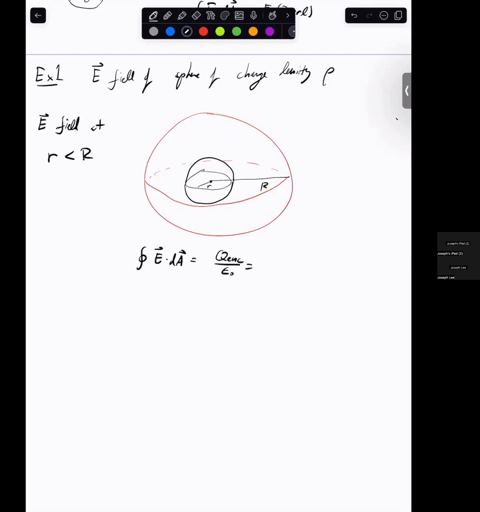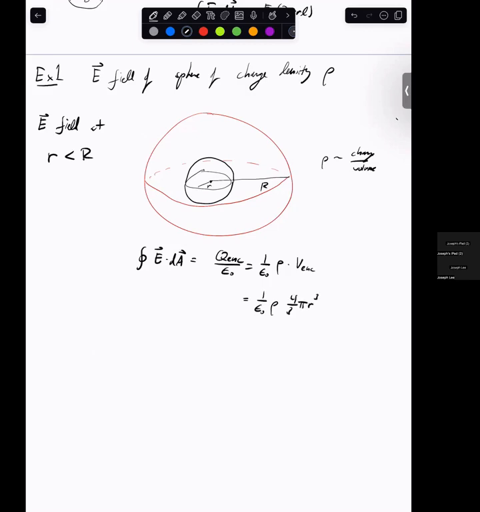So let's solve for Q enclosed first. This should be rho times whatever the volume that we enclose is, because rho is a charge density. Rho is in units of charge over volume. So we need to only find the volume of the sphere that we have. In this case, that should be 4/3 pi r cubed.